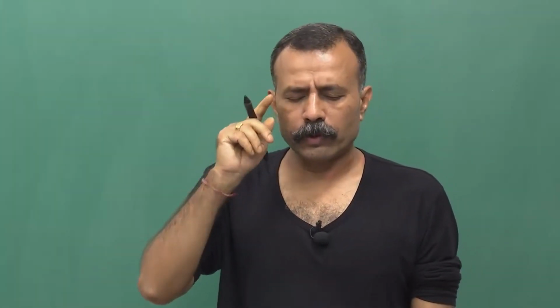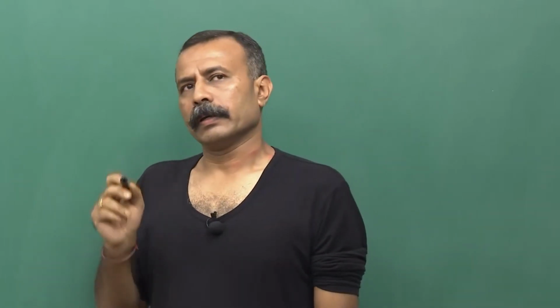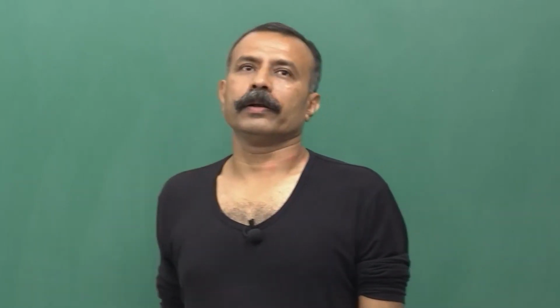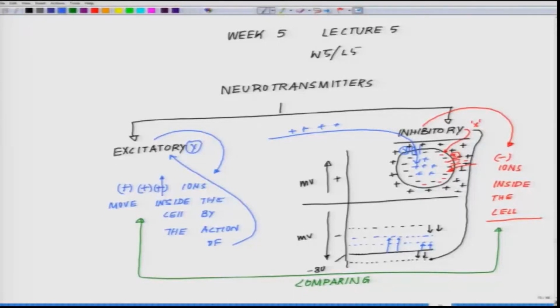So, in the light of this, if you remember I told you all or none, if I could change the membrane potential say from minus 80 to say minus 40 millivolt, then there is no stopping. This wave shoots up and comes back.